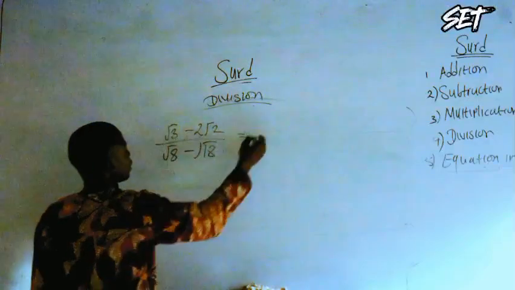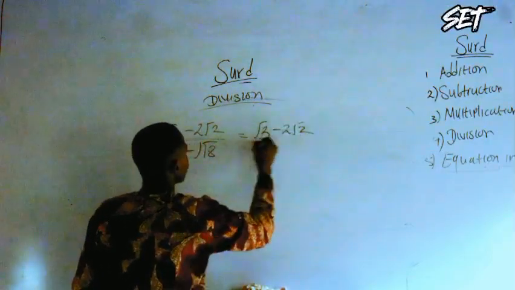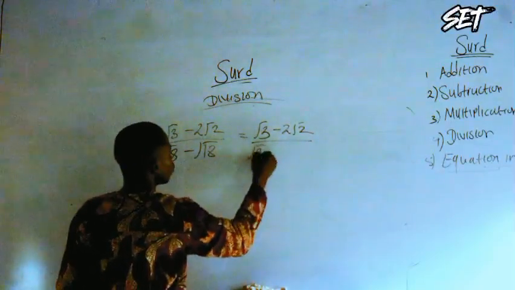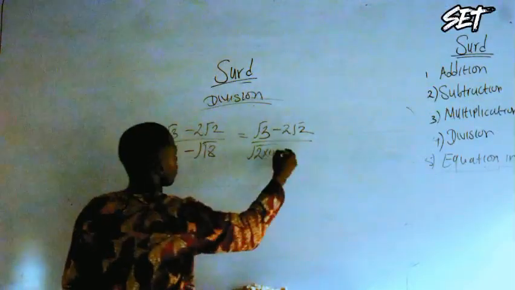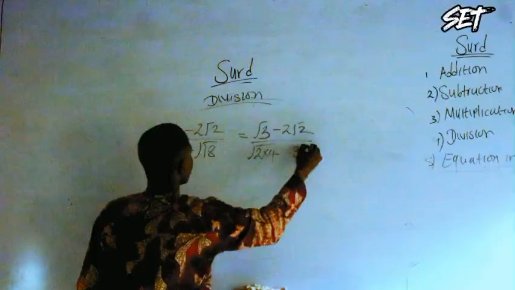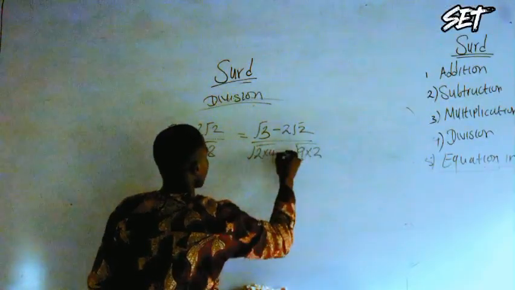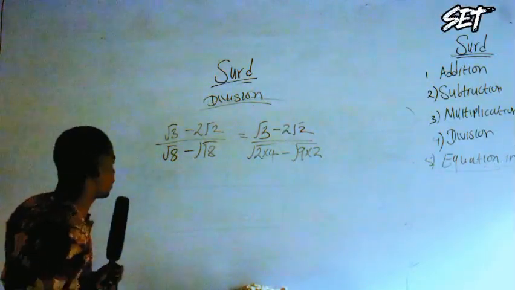I can still split. This one is root 2, 3 minus 2 root what? 2. All over. This one, when you split this one, it will be what? Root 2 times 4. Now, split this one. This one will be what? Minus 3 root. This one will be 9 times 2. Minus 9 times 2. It is very, very simple as ABC.